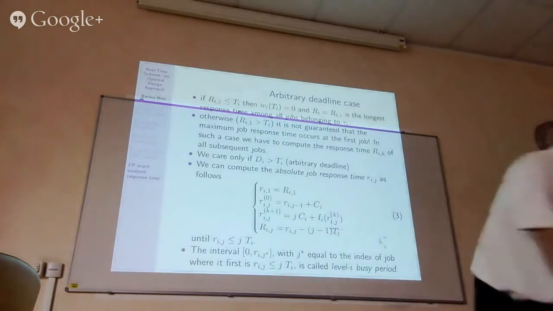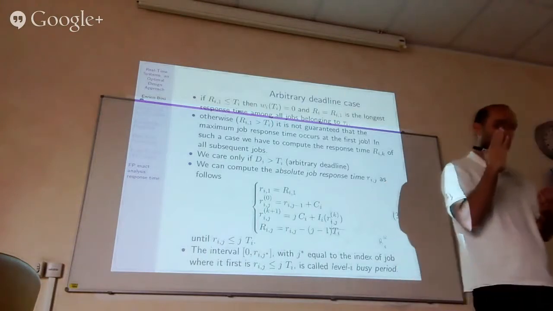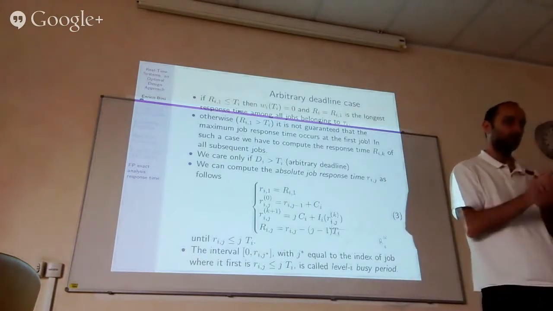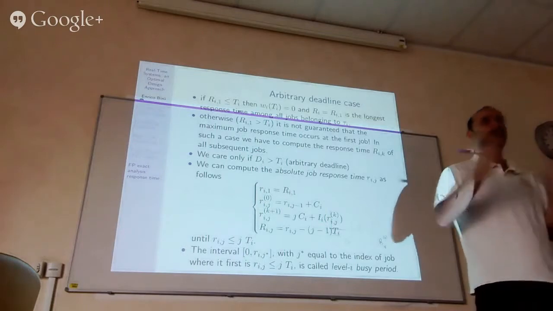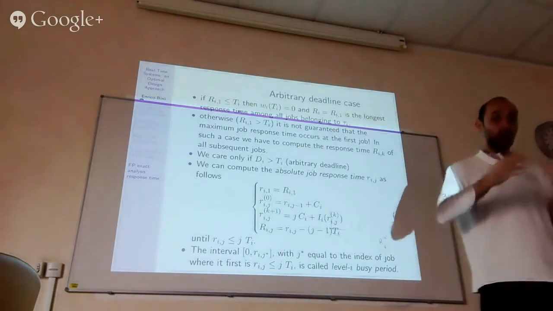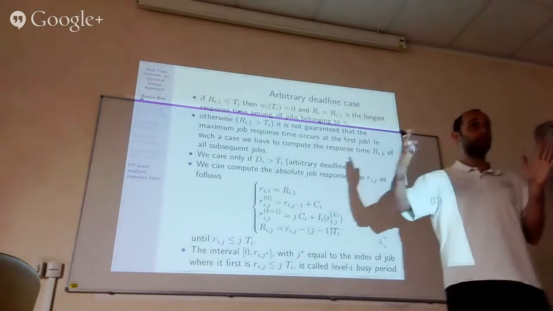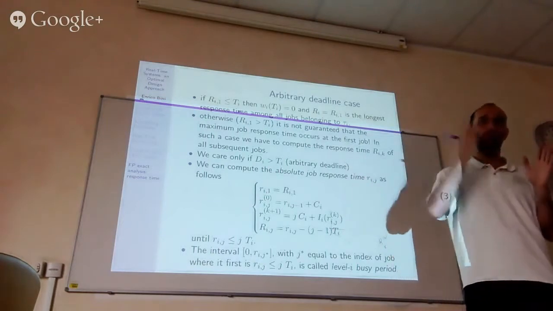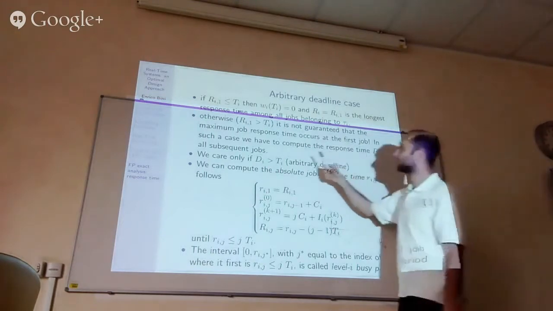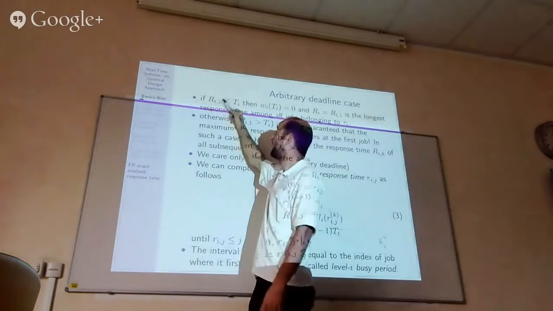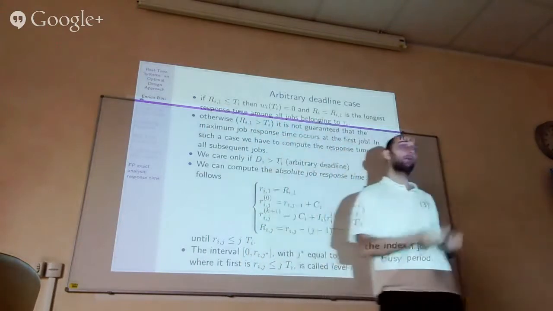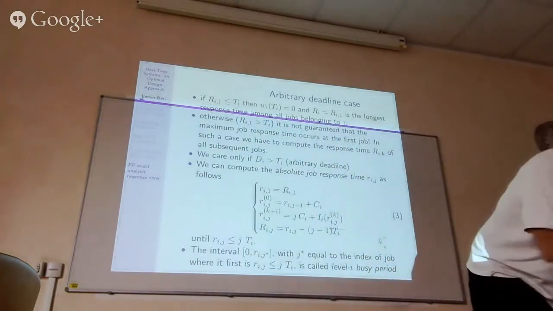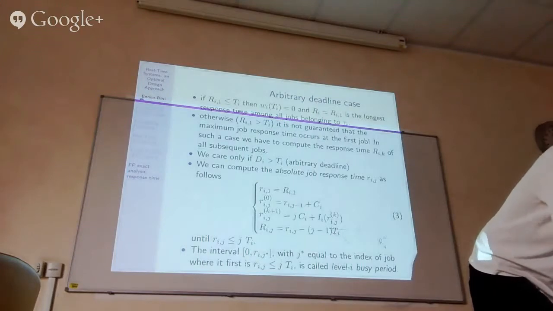Okay? And if the pending work at Ti is 0, then it is proved that the longest response time over time occurs only on the first job. So basically, R1 is actually the response time of the task because it's the supremum.